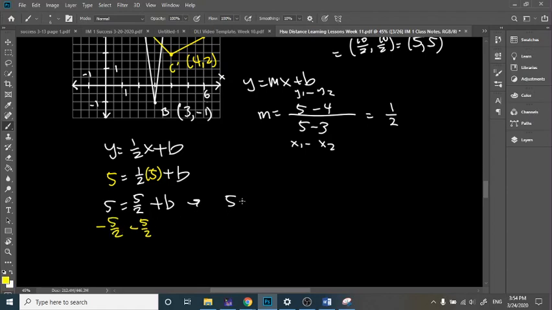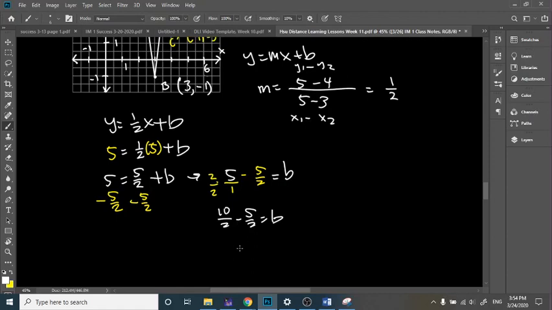So we're going to subtract 5 over 2, and it equals b. So 5 over 2, we're going to need times 2 times 2. So 10 over 2 minus 5 over 2 equals b.